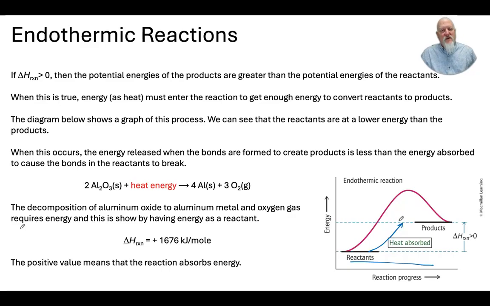Because the potential energy of the products is higher, that means they have to absorb energy from the surroundings, whatever it is. If they're in water or whatever, they take energy from the surroundings to get to products. So that means during the process, some sort of energy, heat typically, has to enter the reaction so that we can get to products from our reactants.